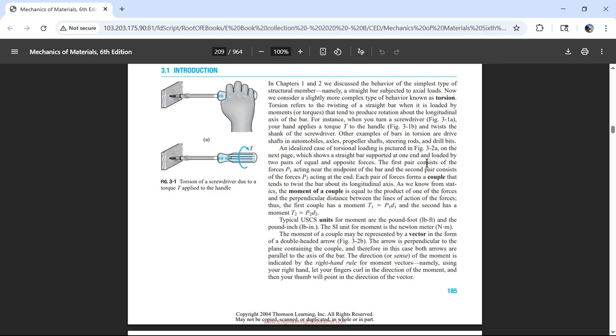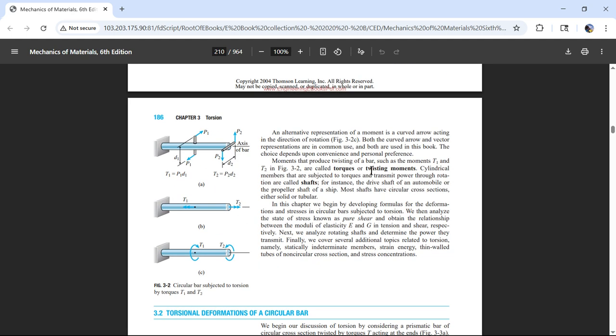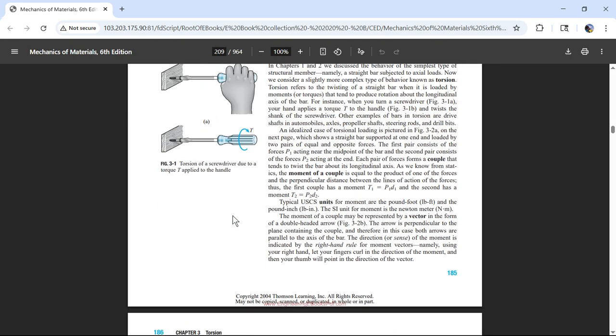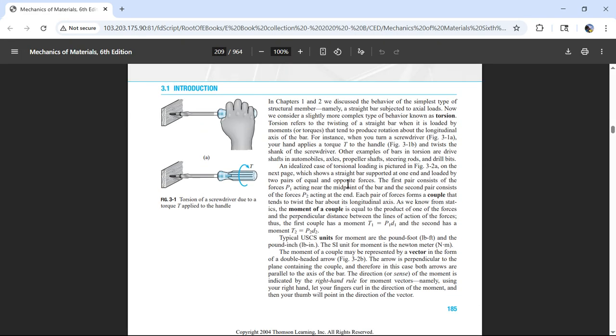The first pair consists of the forces P1 acting near the midpoint of the bar. And the fact that we went down to this figure, studied it, then went back to reading about what they're talking about, now when it says the first pair consists of the forces P1, I can visualize that picture in my head.